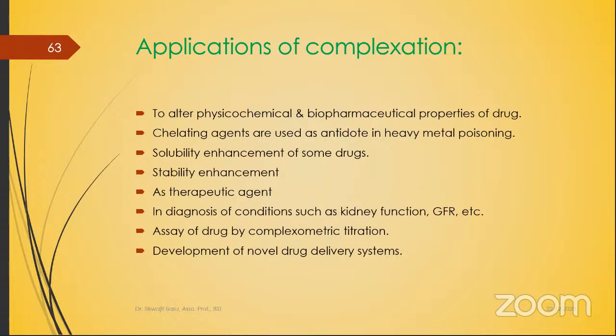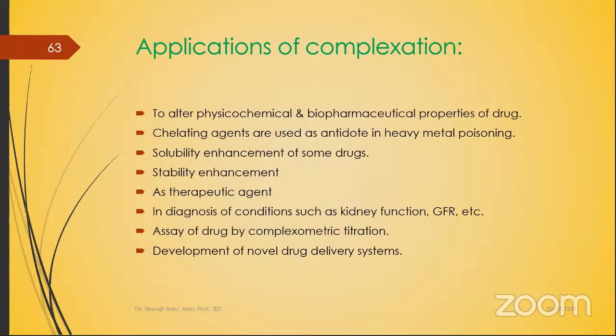For the monomolecular inclusion complex, sometimes questions may be asked, and this is asked most often: what is cyclodextrin, how many types are there, why beta cyclodextrin is widely used, what are the applications of this monomolecular inclusion complex. So all these applications you have to remember. In the book only a little is given, so we have to discuss it in detail.